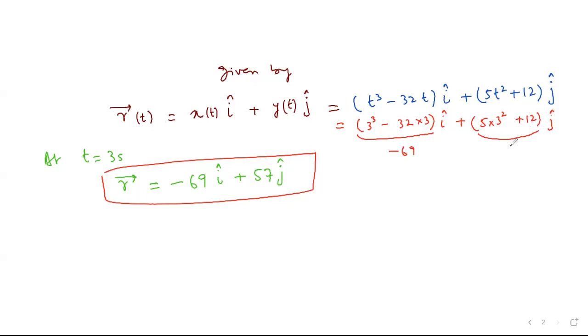this thing is 57. So the position vector at t is equal to 3 seconds is minus 69 i cap plus 57 j cap.